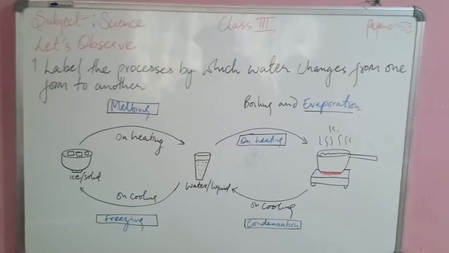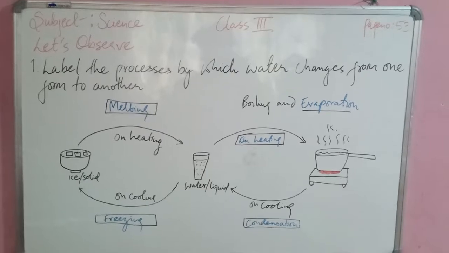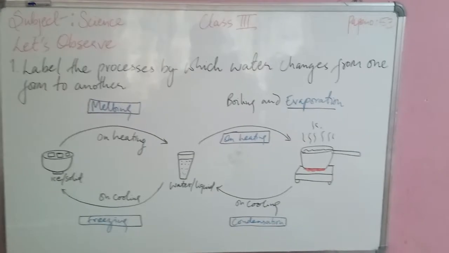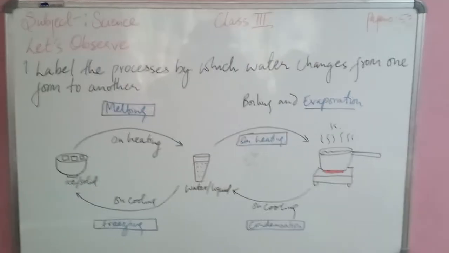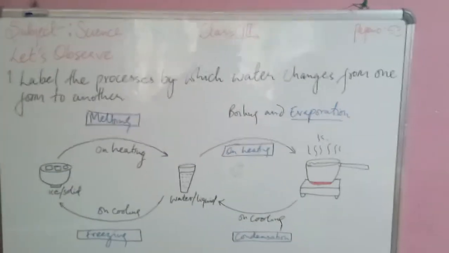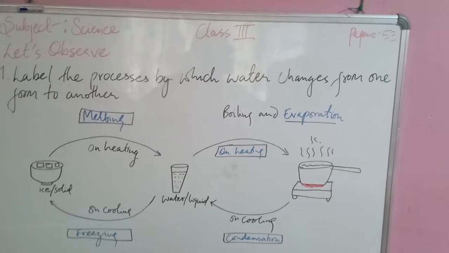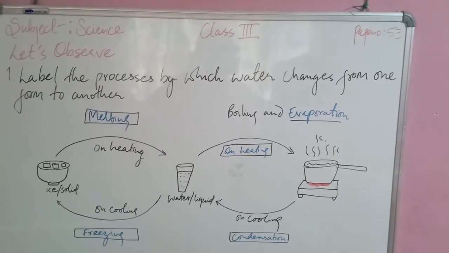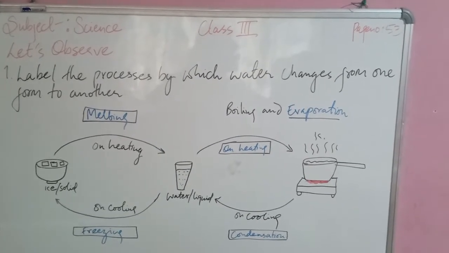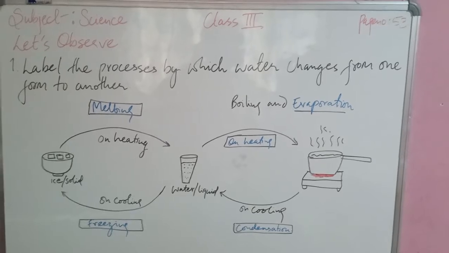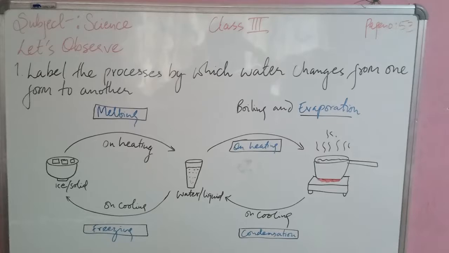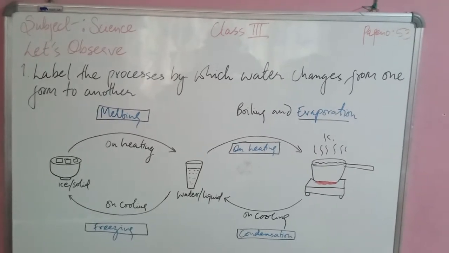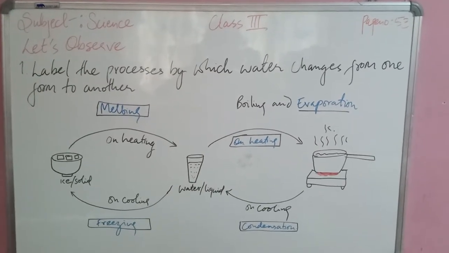On cooling we call it freezing. When the water is further heated, the process in which evaporation occurs is called on heating. And when the water is further cooled, we call it condensation.